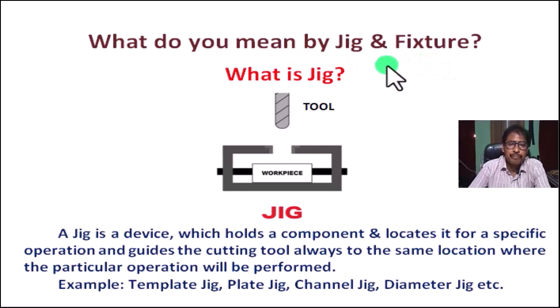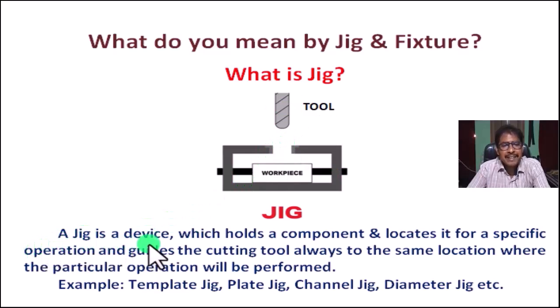Okay, now what is a jig? This is one type of jig. This is the workpiece. The workpiece is held in this way and the tool is guided in this way.